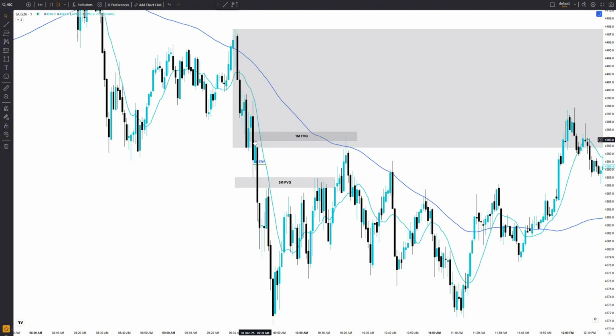We have a 1 minute fair value gap that was formed. We got clear momentum. You see how big these candles are? Clear momentum showing you that price is trying to go to the downside. That would have been my entry right after the third candle close. Well, not after the third candle. I got in after the fourth candle came, and it came below the close of the third candle. So that would have been my entry.